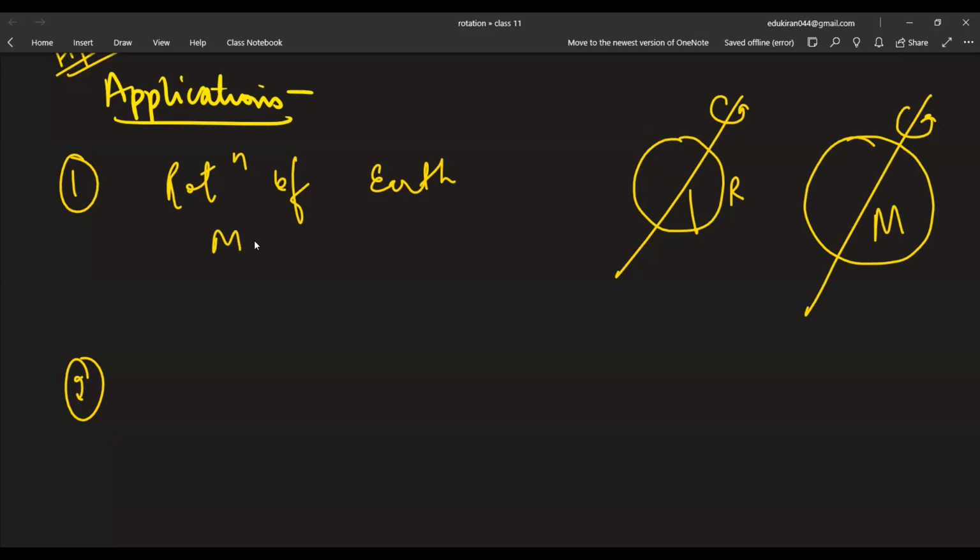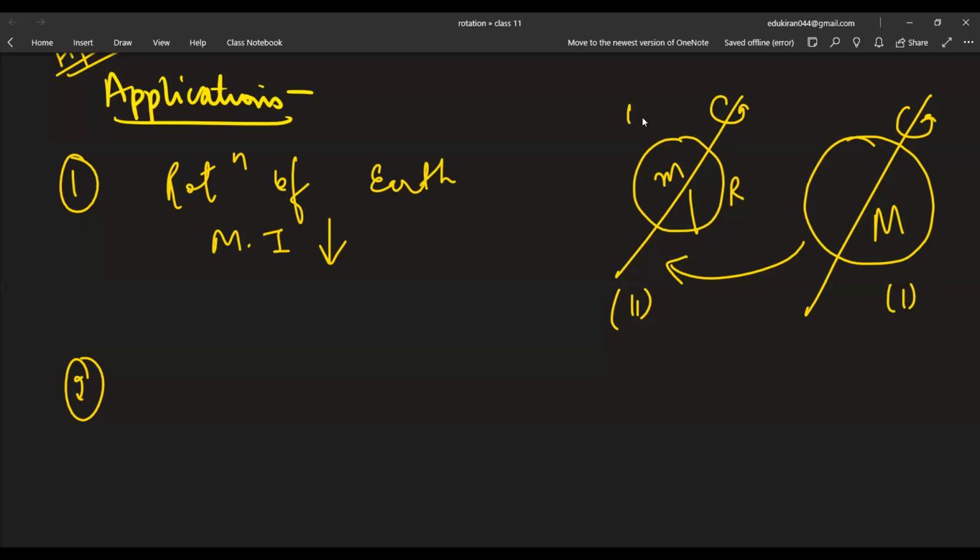Or let's take the opposite case. Let's say this was earlier the mass, now this is the case. So moment of inertia is decreasing. Earth has shrunk in size. Let's say this is the first scenario, this is the second scenario. Earth was this with a greater mass, now there is a lesser mass of Earth available. So moment of inertia has decreased because moment of inertia is related to mass, mr squared.